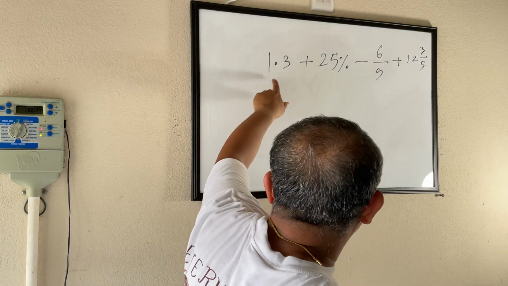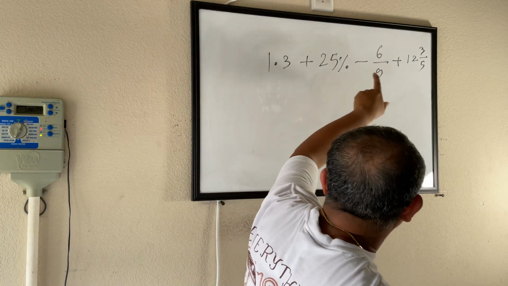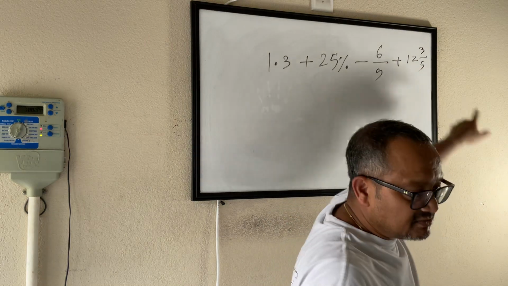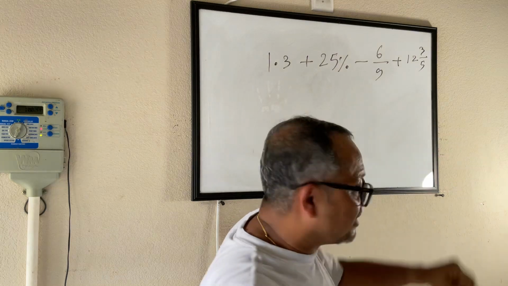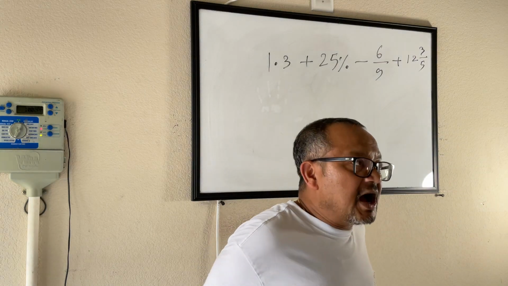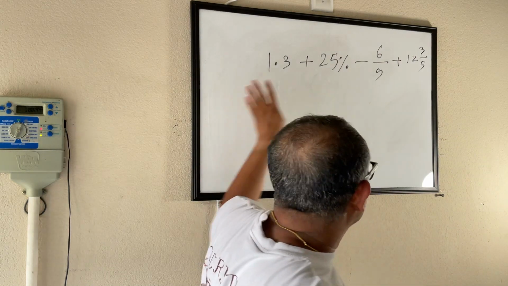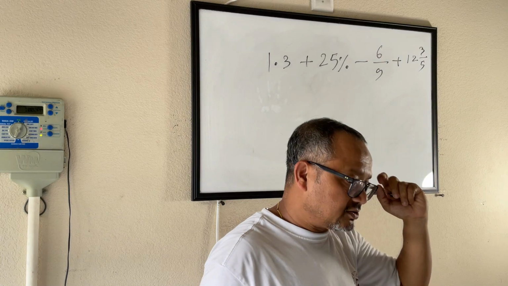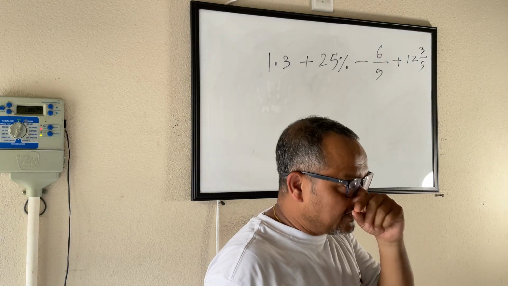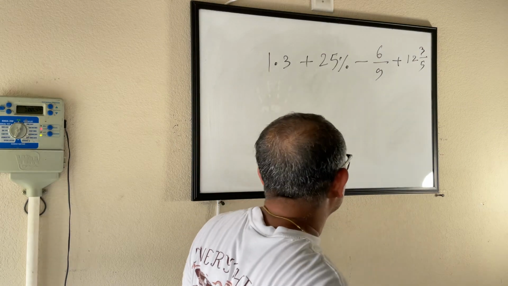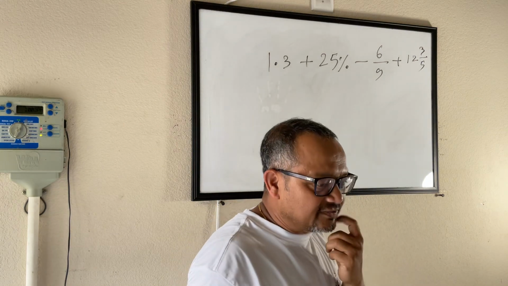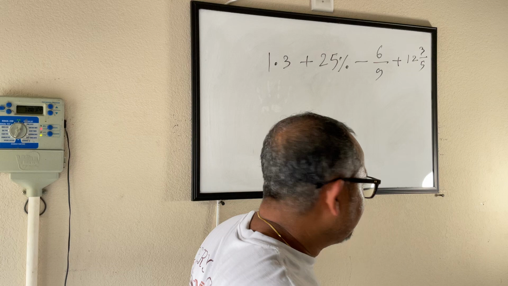Because here I have a decimal, here I have a percentage, here I have a fraction, here I have a mixed number. I'm too confused when I'm dealing with too many different things together, and I don't think I'm qualified enough to deal with all these things in one go. So I try to find ways to get to a point where I have similar things to deal with, and apparently fraction is my best friend, so let me go to my best friend.